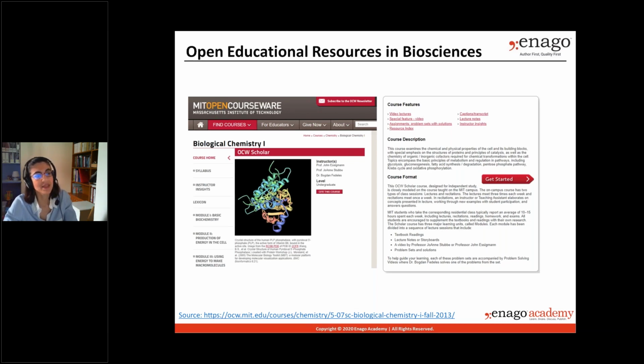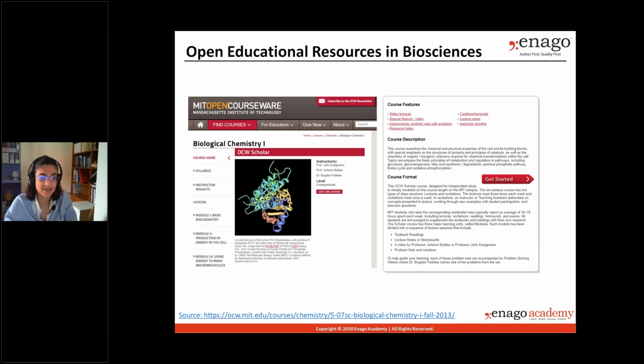An example would be the MIT Open Courseware, where the courseware of different MIT classes is made publicly available in the form of video lectures, lecture notes, instructor insights, etc.